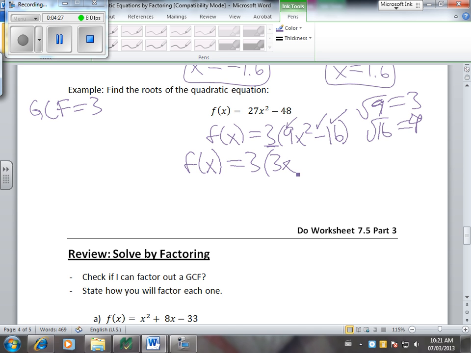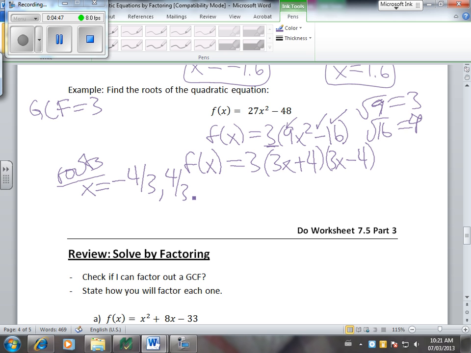So I have my 3x and my 3x. Remember that I need one positive and one negative, and then I fill in the square root of my second term. And my roots would be x equals negative 4 over 3 and positive 4 over 3.